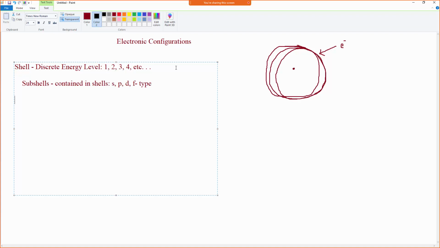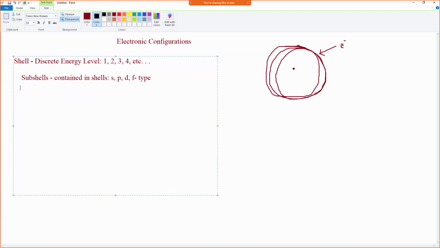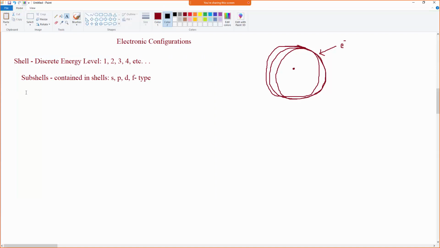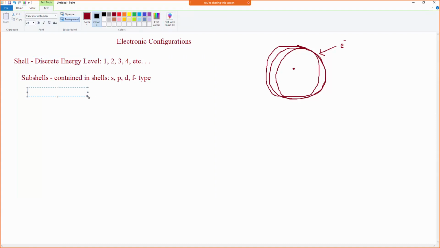And then within the subshells, we have orbitals.